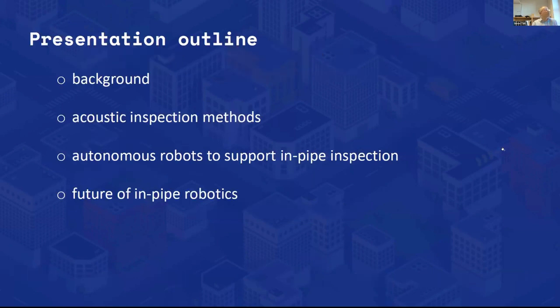The presentation is split into four. I'll talk a bit about the background of the work, different acoustic inspection methods that were examined during the project, and then give you some information on what happens when you put a sensor effectively on a mobile inspection platform. And there'll be some comments at the end about the future of in-pipe robotics.